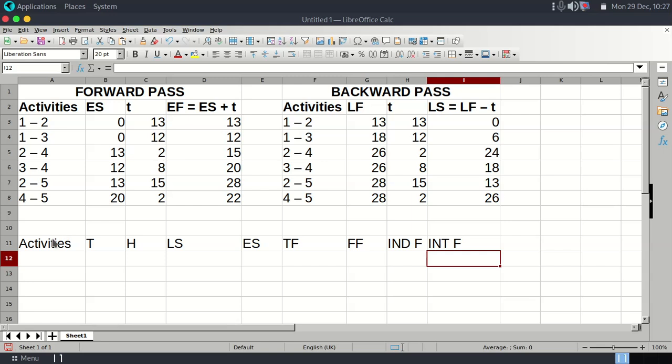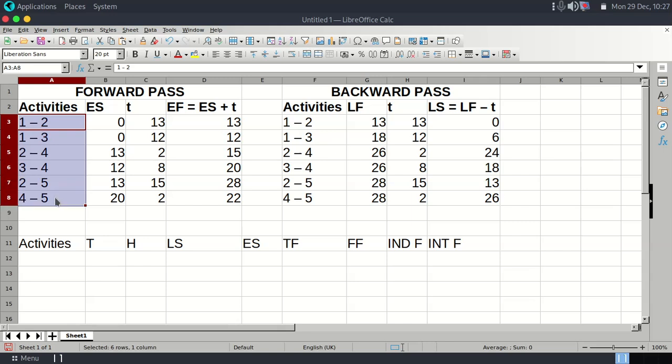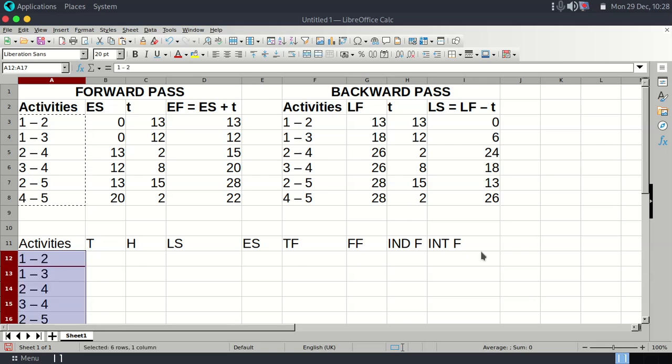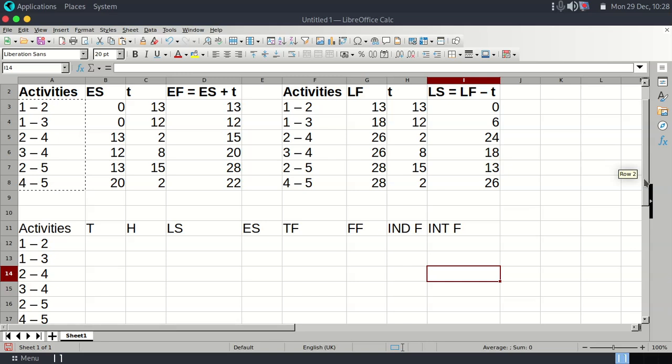Now the activities, you already know that by activities we simply mean these activities, so there's no need for me to explain that. Those are the activities we are given. Now here we have T and H.